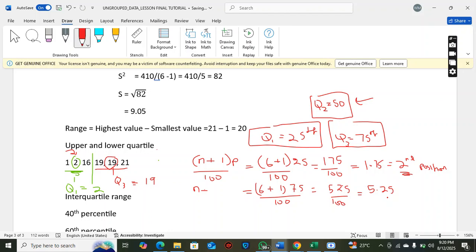So we round off, because as I said, these numbers, when you're calculating, it has to have a 0.5, which represents the middle between two numbers, or you round it down to the nearest whole number. So 5.25, if you round it down, it's the fifth position. And here we can count 1, 2, 3, 4, 5, which is 19.